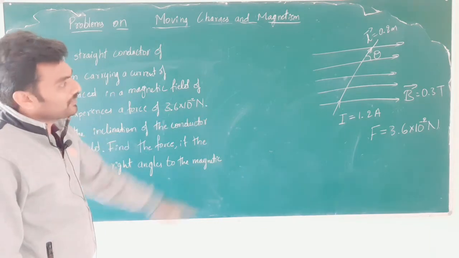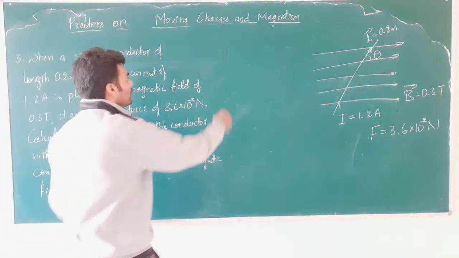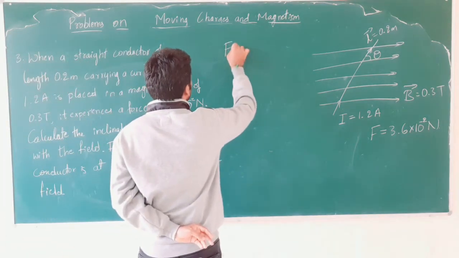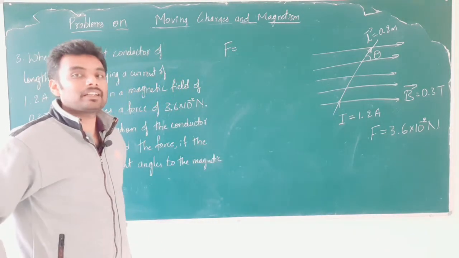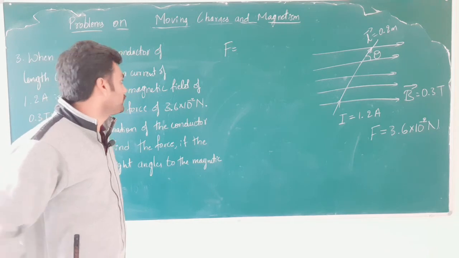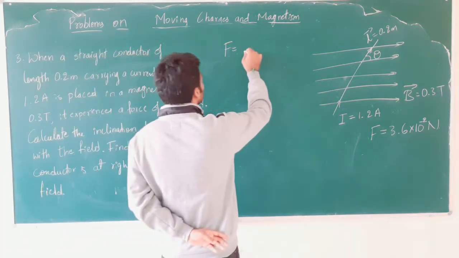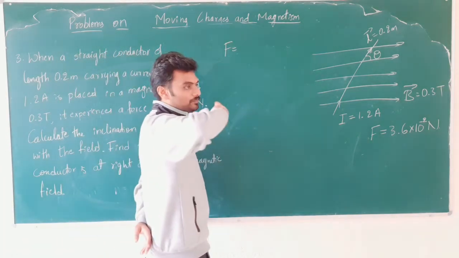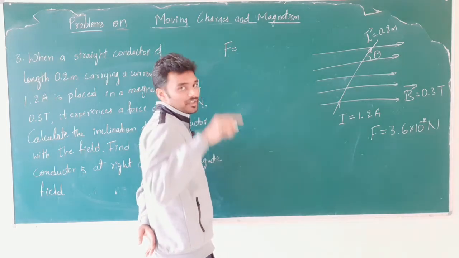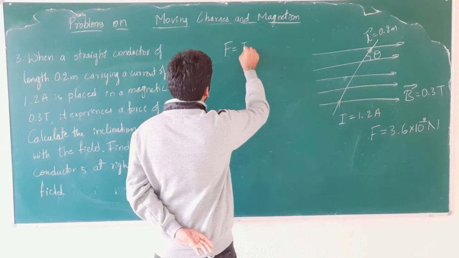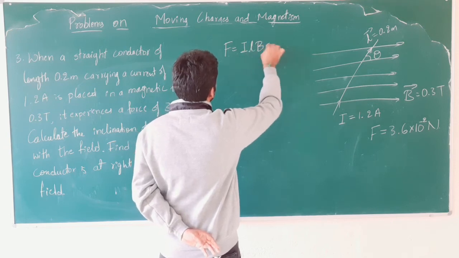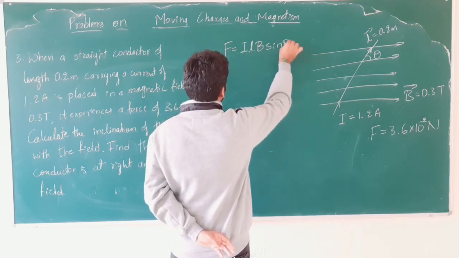So there is given data and the formula is also known to us. Force experienced by a straight current carrying conductor in the external magnetic field is F = I (L cross B) vectorially. Writing the magnitude part, it is I L B sin theta, right?